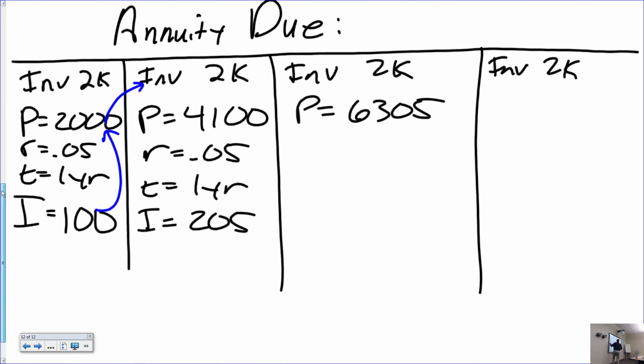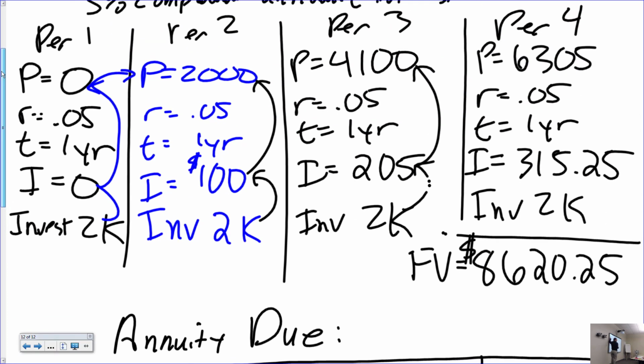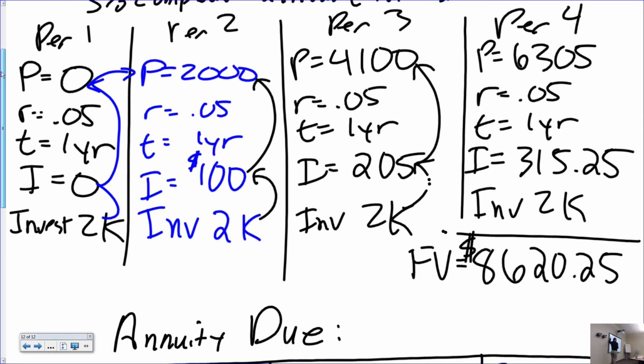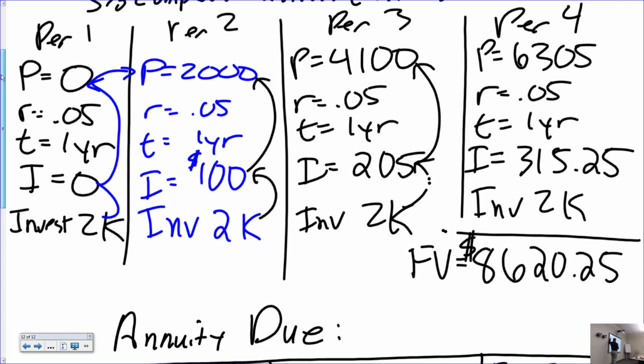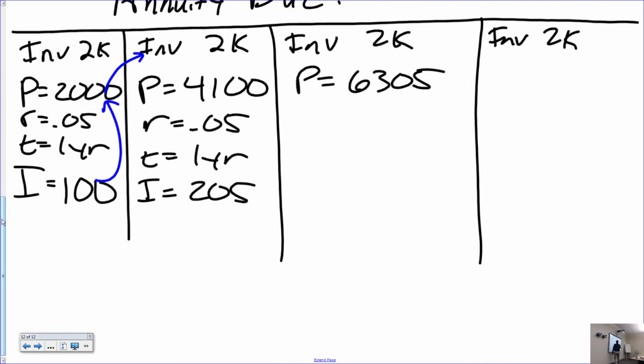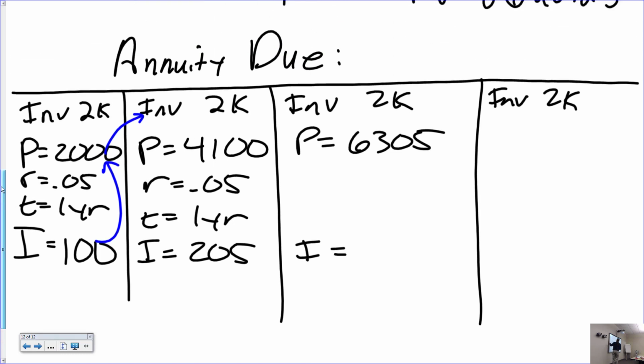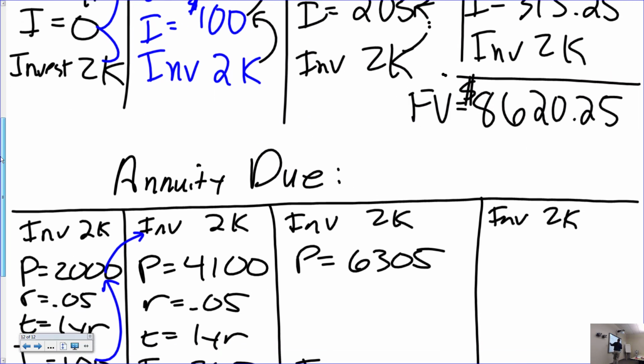So note, folks, that essentially we're just dragging behind a year, or we're ahead a year, depending on how you look at it. This is why you should expect that there's a way to convert from ordinary to annuity due, because the numbers are always all the same. There's just a little bit of shift. So, how much interest did I earn in that third period, folks? 315.25, because that's what we earned in the fourth period over there.